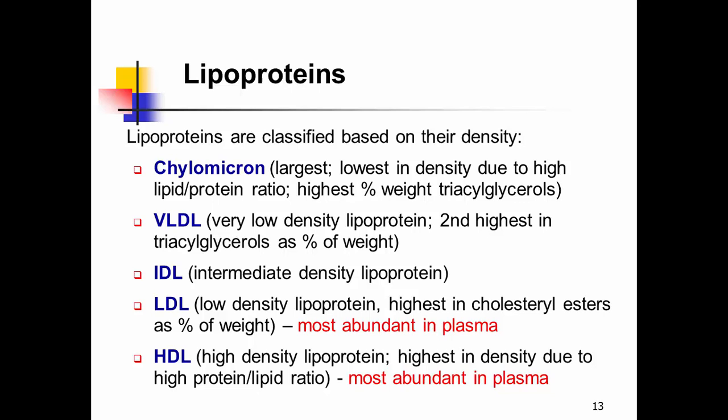The chylomicron is the largest, and VLDL the second largest. LDL and HDL are the most abundant in the circulation, so they relatively have higher concentrations compared to chylomicron and VLDL.